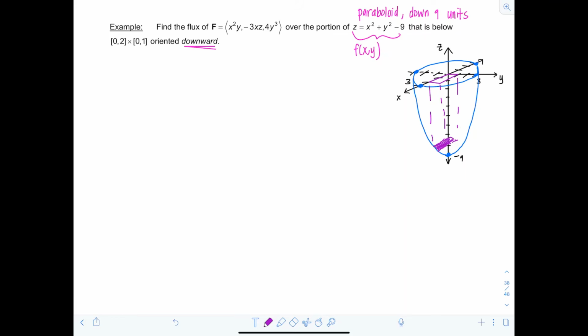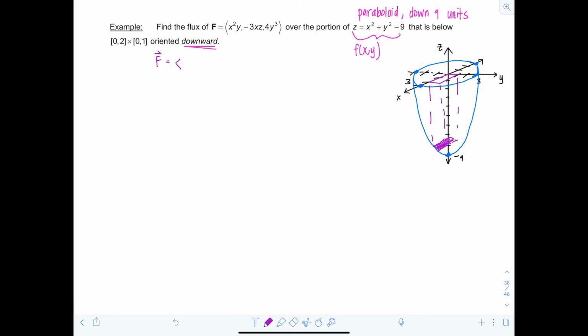Okay, so since it looks like I can define z in terms of x and y, I'm going to replace z with x squared plus y squared minus 9 in my vector field. I'm going to rewrite F, because remember, these are double integrals, so you don't want 3 variables going on. When you're doing flux, it's a surface integral, it's going to become a double integral. We've got to get it down to 2 variable land.